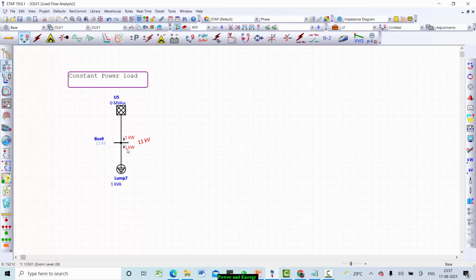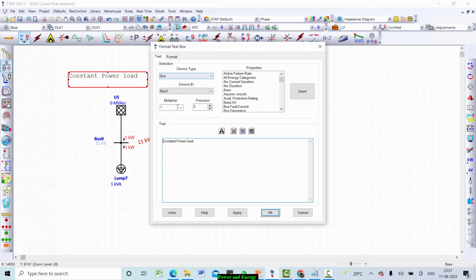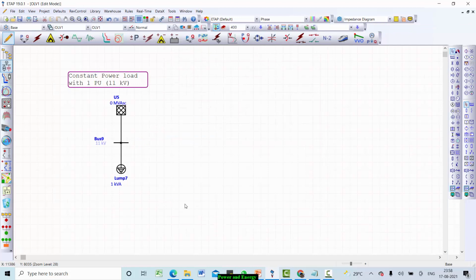For 1 per unit, that is 100% voltage, it is taking 1 kilowatt. I'll also add a hint here: constant power with 1 per unit, or even I can say with 11 kV, the power drawn by the load is 1 kilowatt.